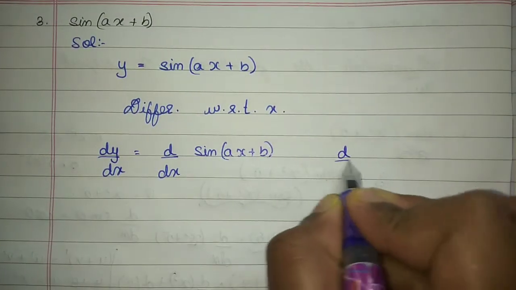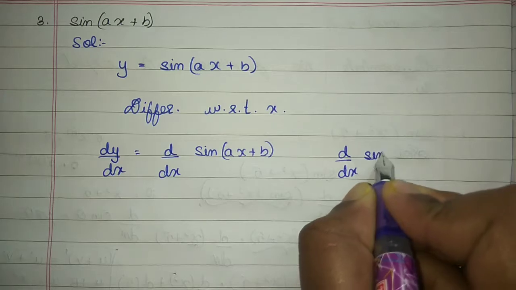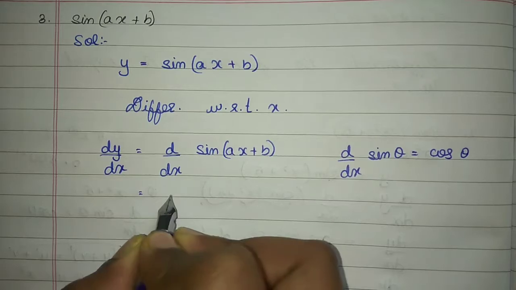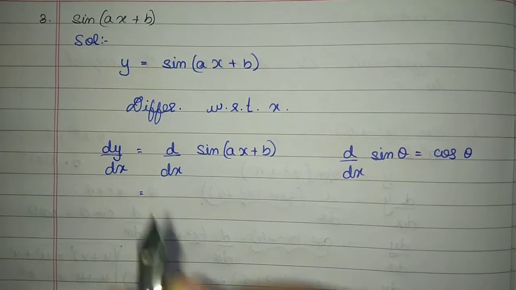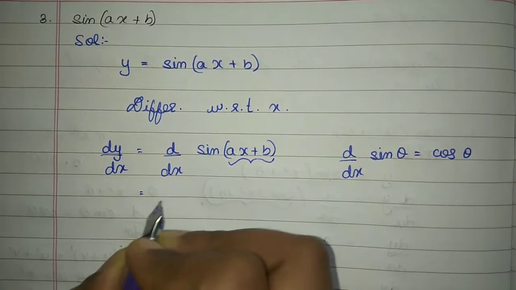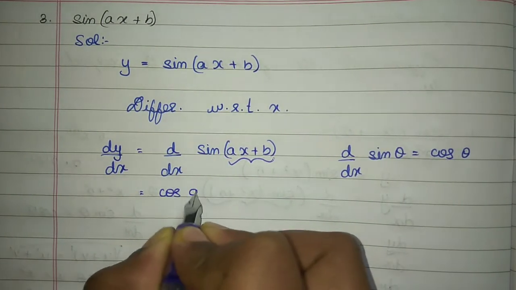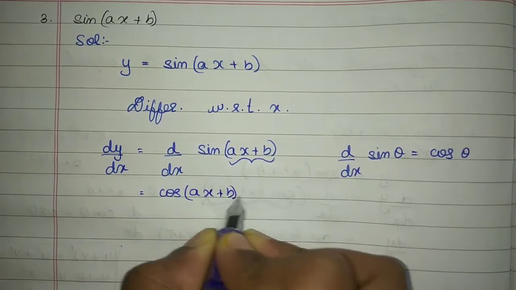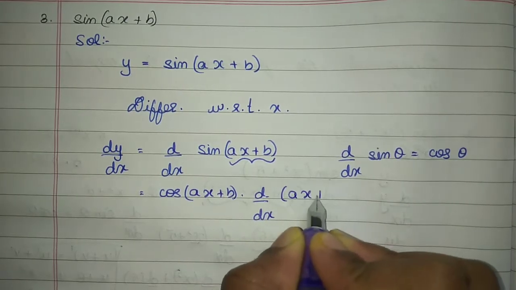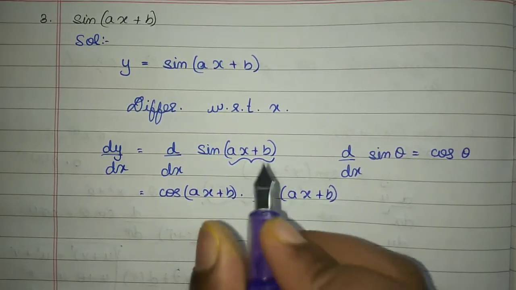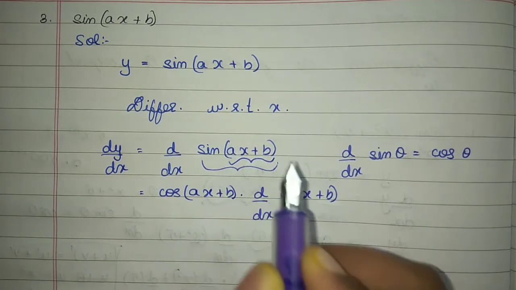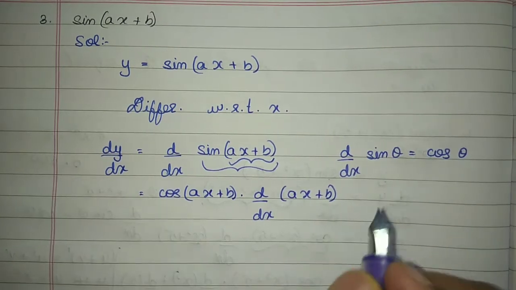Okay, so d by dx of sine theta is equal to cos theta. This is the formula. So we have to write it as cos of ax plus b, because this entire term is theta. So cos ax plus b into d by dx of ax plus b, because this is a chain rule. Now first we differentiated the entire function and next the algebraic function inside sine, so ax plus b.